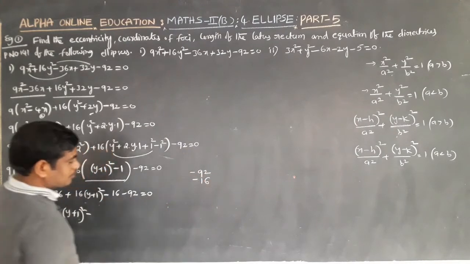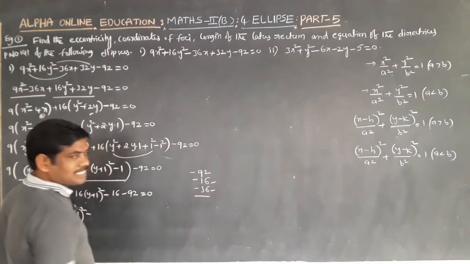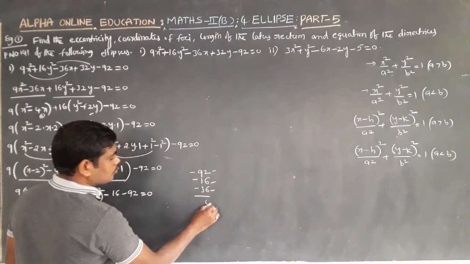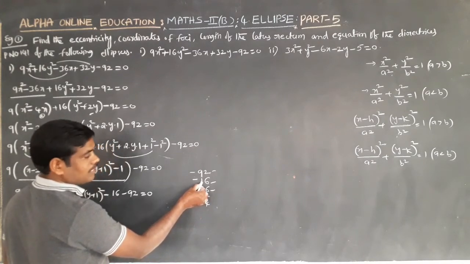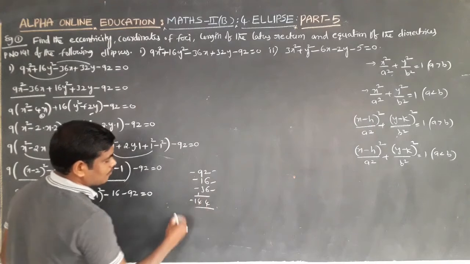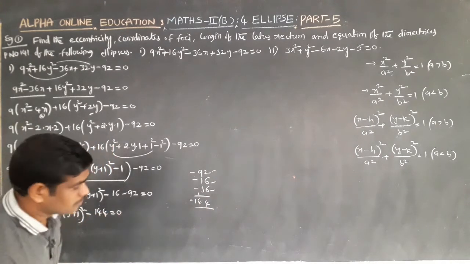Adding 92, 16 and 36: 6 and 6 is 12, 12 to 14, 1 plus 3 is 4, 4 plus 1 is 5, 5 plus 9 is 14. Minus 144 is equal to 0.